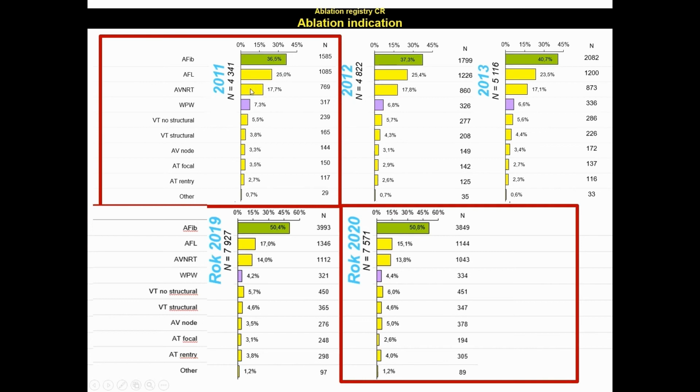AVNRT was 18% and is now 14%, but again the absolute numbers are still increasing. The situation is quite different for accessory pathway, where the number is still the same: in 2011, 317, 326, and then 330, 320, and 330. So the number of ablations for accessory pathway doesn't change at all.